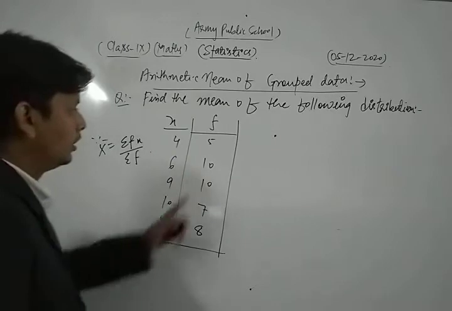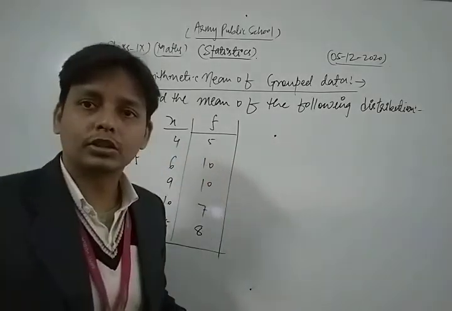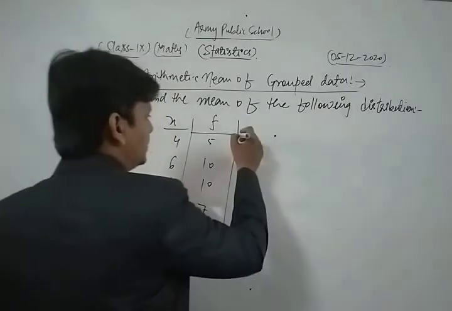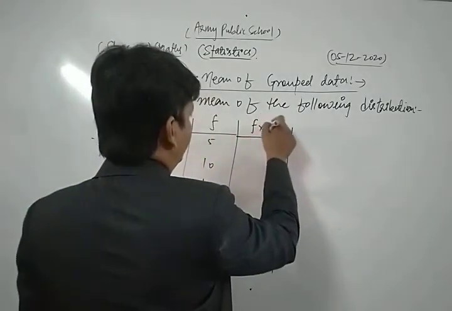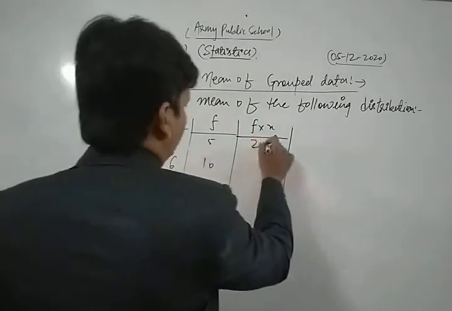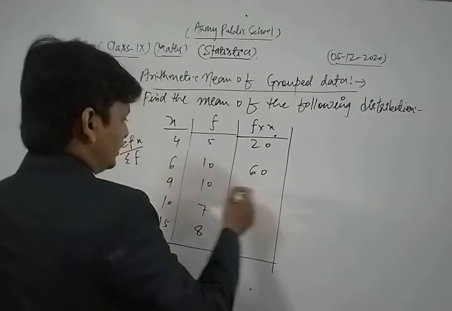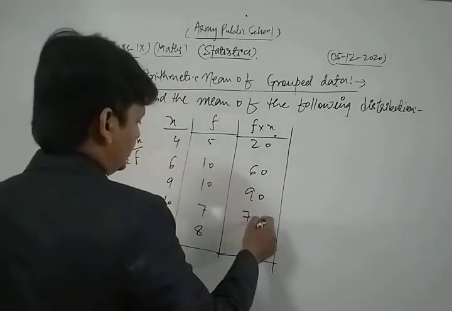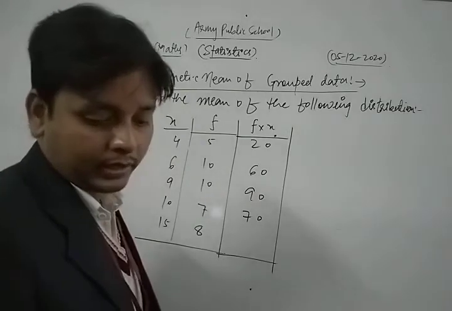So first of all we draw a column and find the product of variables and their corresponding frequencies, that is f into x. 5 times 4 is 20, 10 times 6 is 60, 10 times 9 is 90, 10 times 7 is 70, and 15 times 8 is 120.